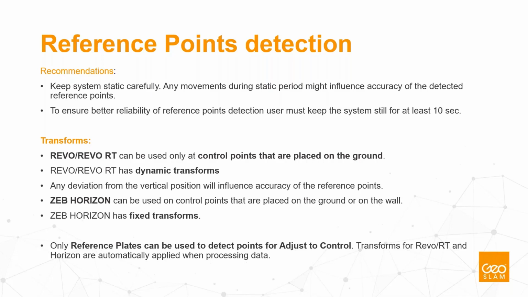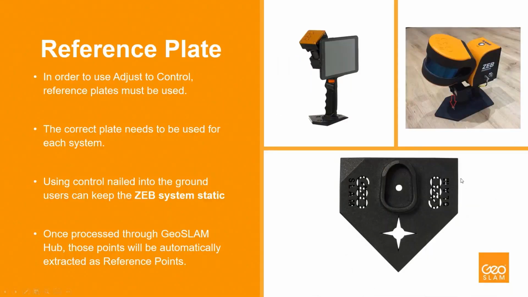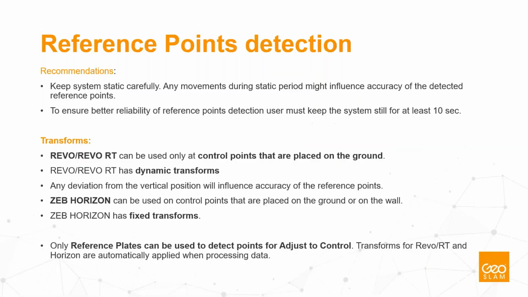That's how we offset the center of the scanner to the actual point where the marker on the reference plate is. The star on that reference plate is where you have to mark the control point, and that's where you provide the coordinates of the control points.